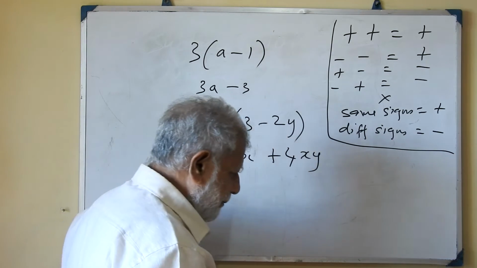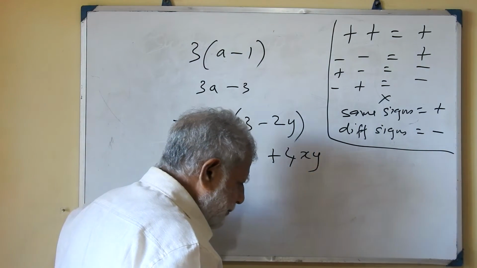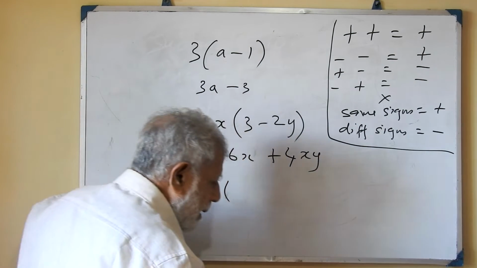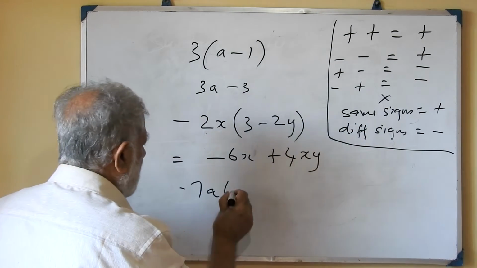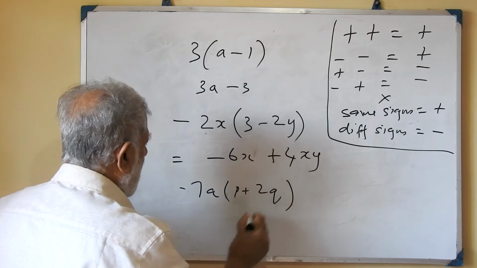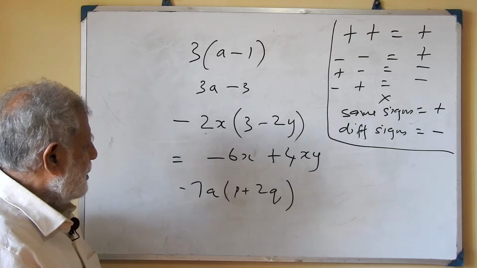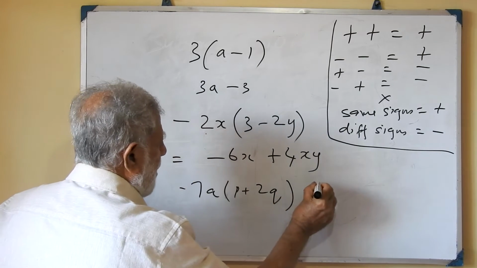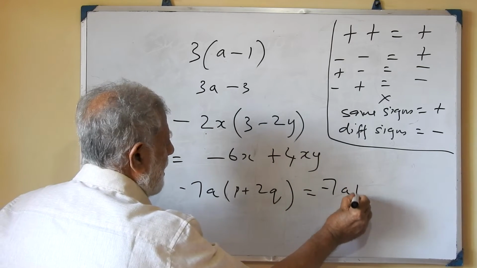We will take another one: -7a(p + 2q). Here we multiply minus 7a into p, minus 7ap.